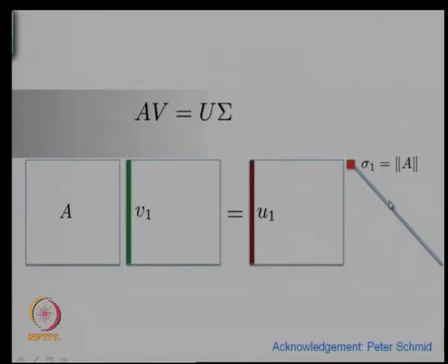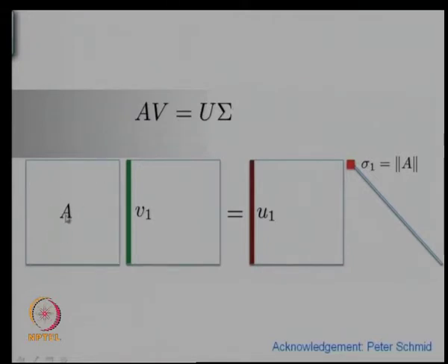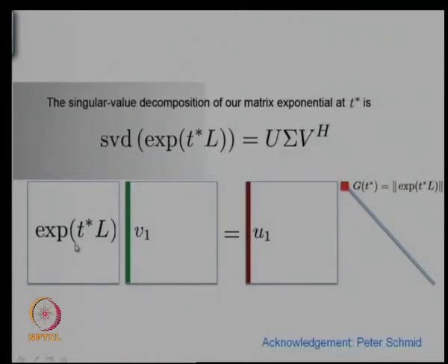We are interested in the maximum amplification. See, generally in instability we are worried about the damage, how much it can grow. So if you know the maximum damage, you know, okay, this is like a bound, anything that occurs will be below this. So here our attempt is to pick the maximum growth. Okay, so if you replace this A with the evolution operator, that is e power Lt, here, in our notation, this is a slide from Peter Schmid, our L was minus of this.